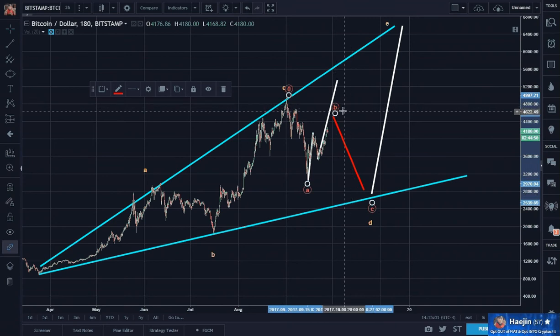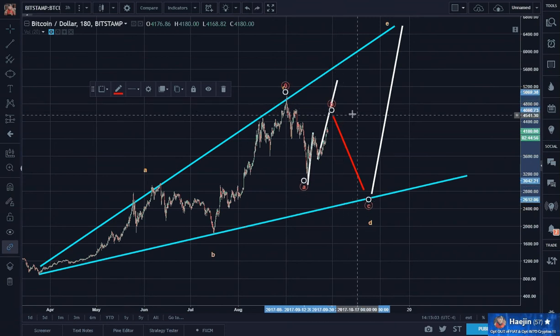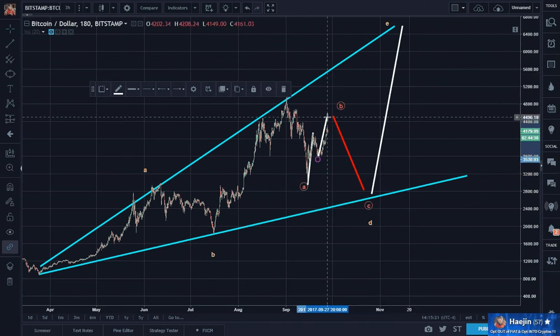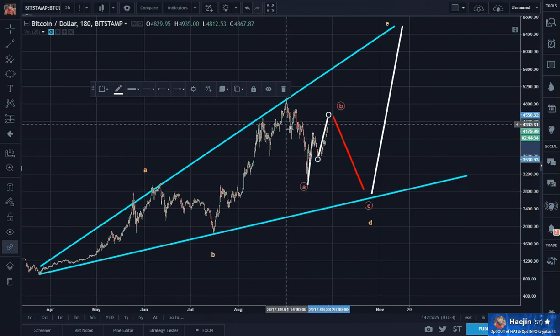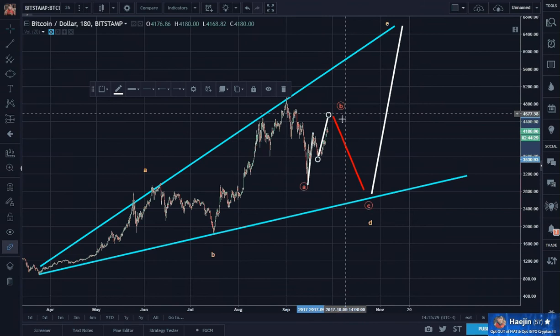Okay. Let me explain how. So if A, B, C ended here, so we have A, B, and C. The ABC of B stops here and goes down, wave 4 will be here.